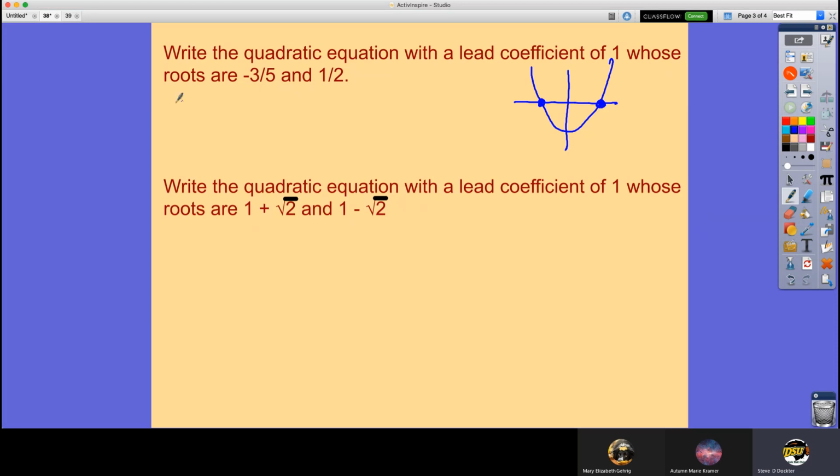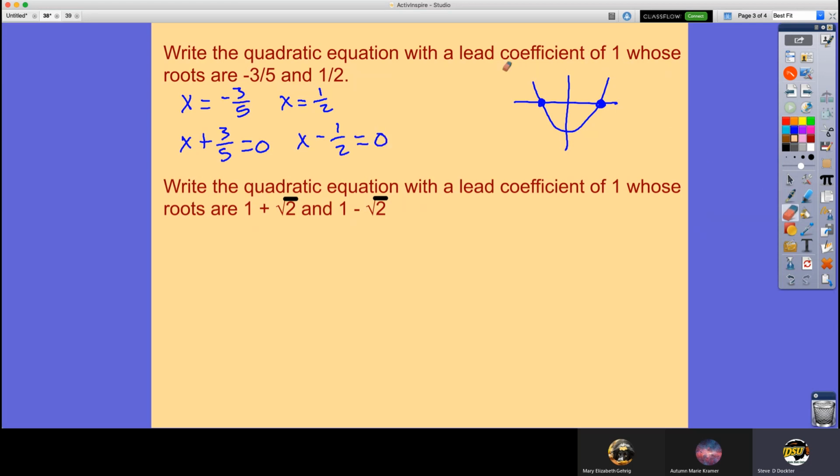Okay. So how we do that, first of all, is we set each one of these answers equal to what x equals. All right, from our answers. Then what we want to do is find the factors that would give us that answer. So we're going to set this equation equal to 0. So we're going to add the 3/5 over. So we've got x plus 3/5 equals 0. And then we'd subtract the half over. So x minus a half would also equal 0.